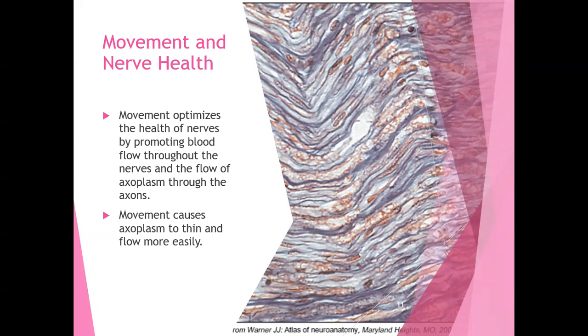So as the nerves are kind of folding and unfolding and coiling and recoiling, they need to be able to lengthen and shorten without injuring the axons or the supporting structures, right? So that's super important. The movement is very important in nerve health.